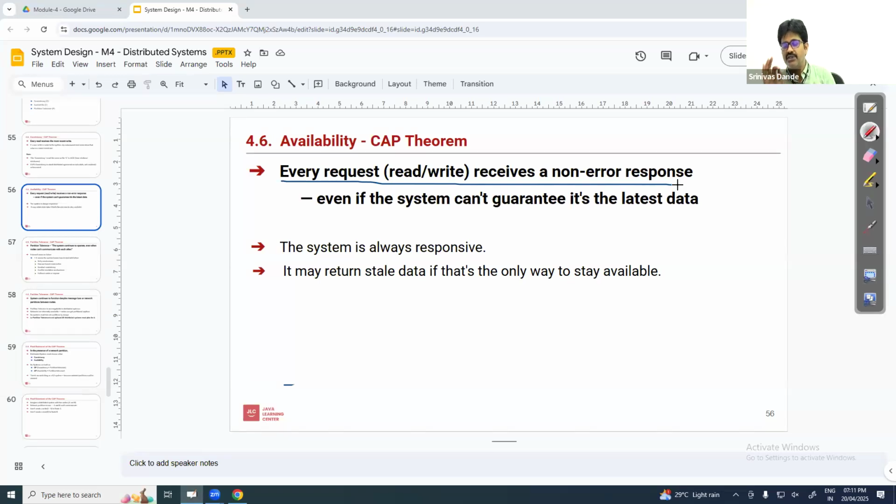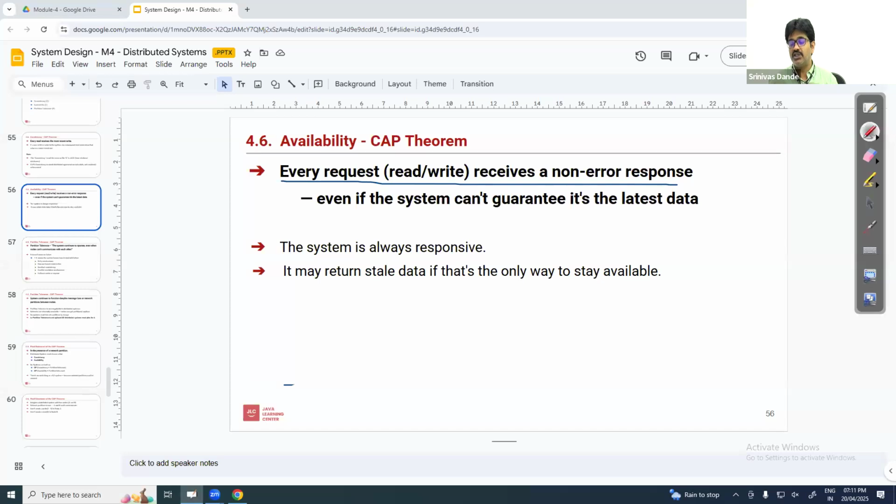Whenever you send a request, you will get a response. A non-error response means it won't say that the server crashed or there is some network problem. It will give you a response, but it may give the latest data or it may give stale data.